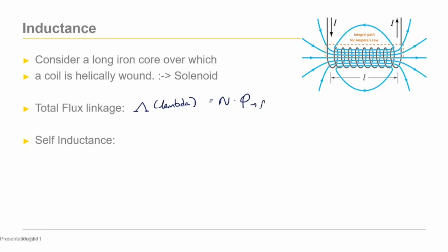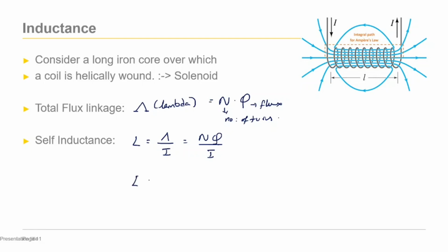So phi is the magnetic flux and N is the number of turns. We define something called self-inductance by the letter L as the total flux linked divided by current I, which in turn is going to be N phi by I.